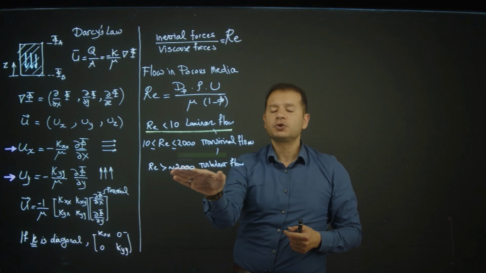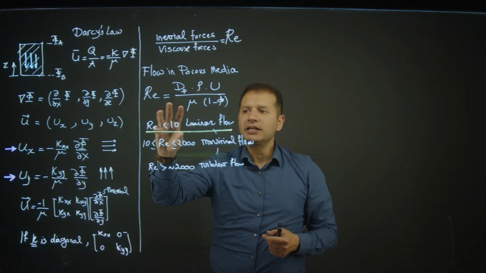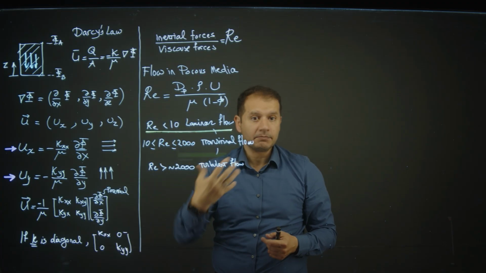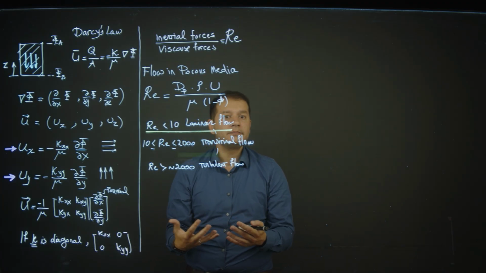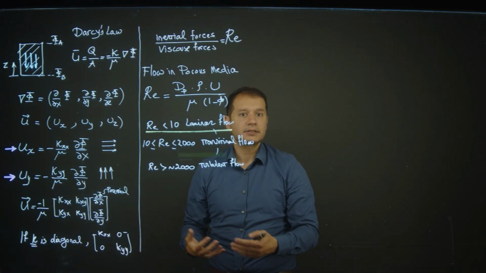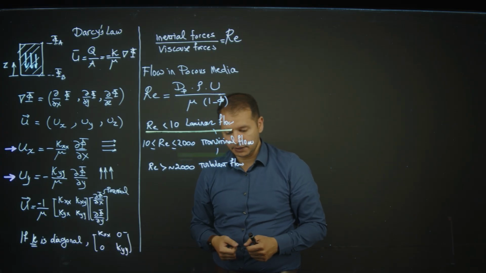We don't usually reach turbulent flow in the subsurface naturally. The thing is that as Reynolds gets closer to 10 or 20 or so, inertial forces can also be considered. And that's the study that Forchheimer developed the concept of, and other scientists, especially Ergun and others, started to advance on this.